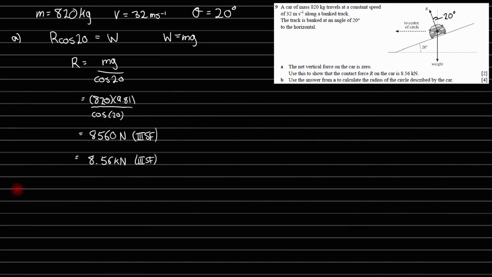Part B. We're now asked to use the answer that we've just calculated to calculate the radius. Well, we were dealing with forces here. We're told about something to do with a radius, we need to find the radius, and we know an equation that involves the force and the radius when it's got to do with centripetal acceleration.